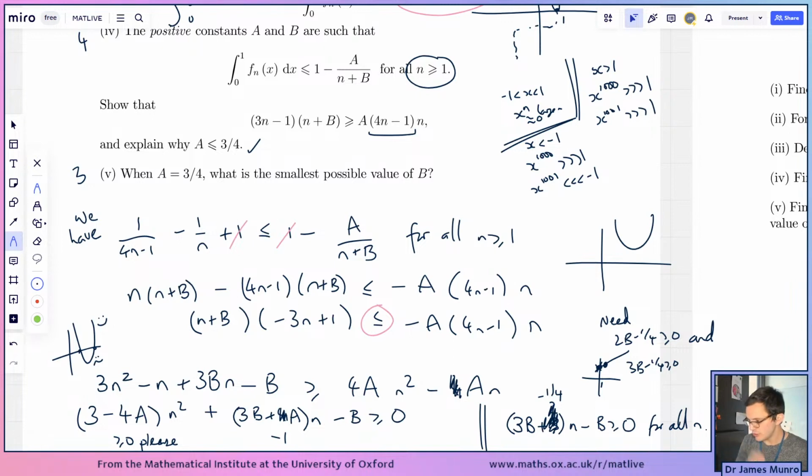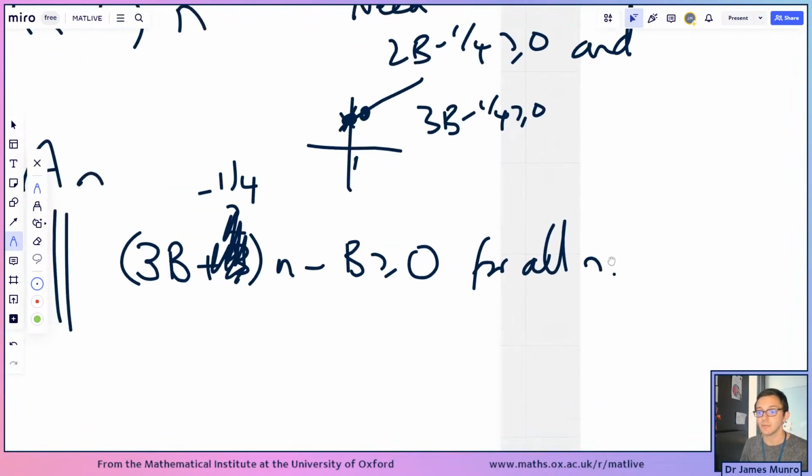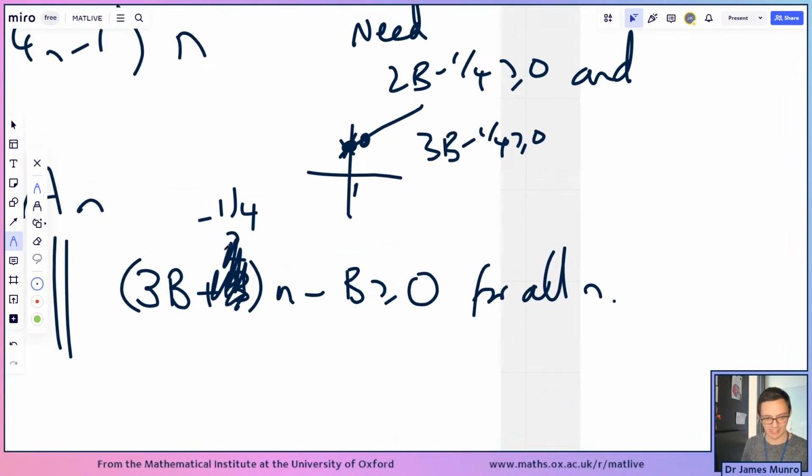So Andrew, that 2b minus 1/4 comes from the idea that similarly over here, in this very special case where A is 3/4 and the thing's simplified down quite a lot, we want to check that this coefficient is positive so that our function is not nosediving like this. We want it to be bigger than or equal to 0 for all n. So that's why we're checking the coefficient.